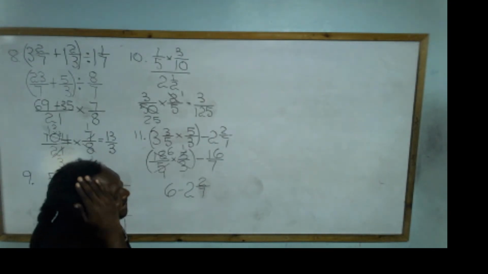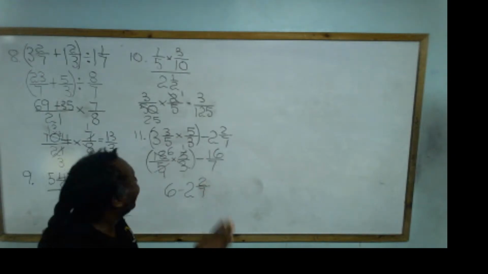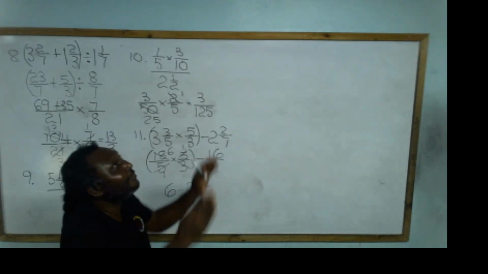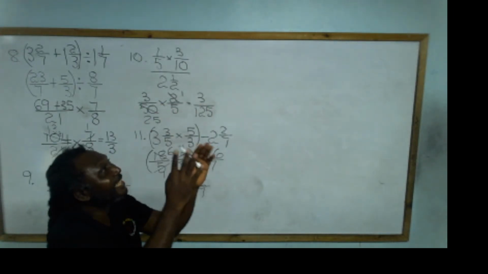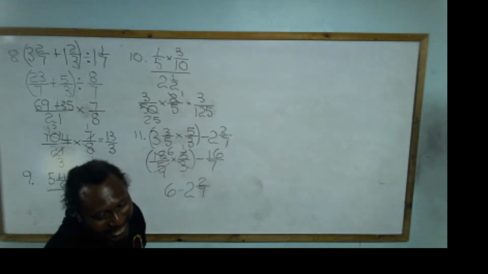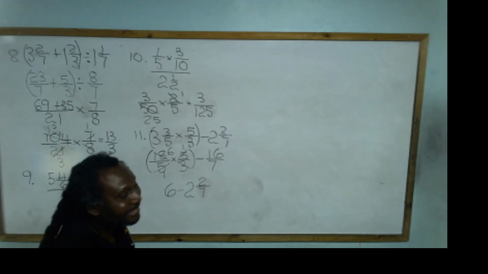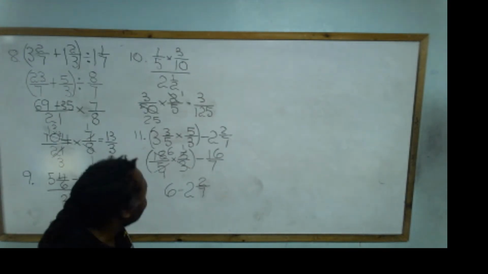Now, students, if you have 4 things and you take away 2 sevenths, how many will be left? Exactly. So you're onto it.